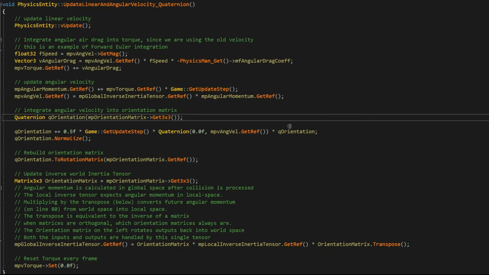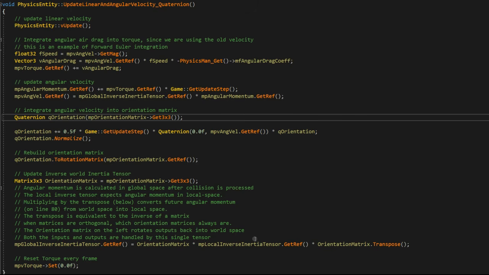The coefficient of 0.5 is due to quaternions using half angles, as was explained earlier. We normalize the quaternion to ensure unit length and then rebuild the orientation matrix from it. Note that using quaternions doesn't preclude our reliance on matrices. We still need them for the inertia tensor calculations, and ultimately transformations rely on them in vertex shaders.